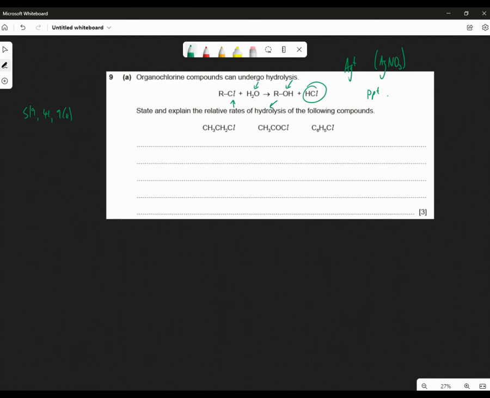So first of all, let's classify these. Well, this is called an alkyl chloride. This is an acyl chloride, and this is an aryl chloride. Okay, so let's draw them all down here. Cl, these are H's. This is my alkyl chloride. Let's do my acyl chloride.